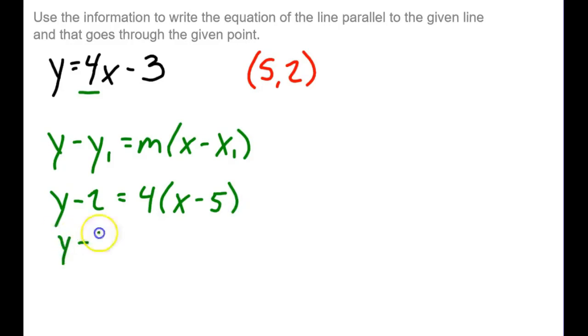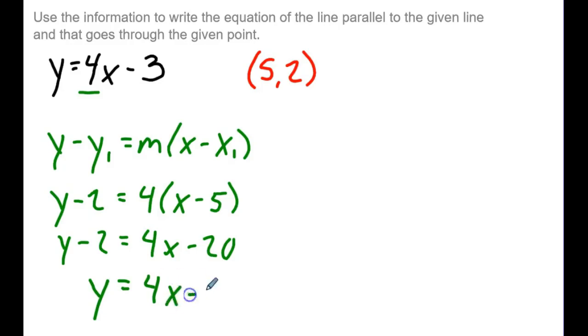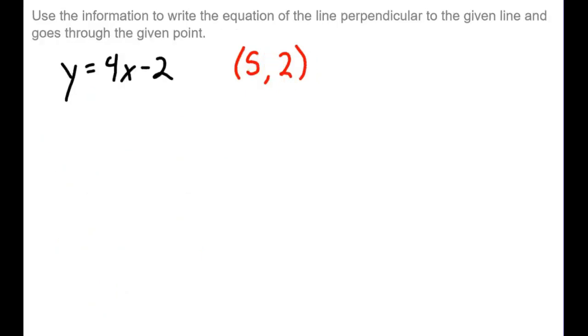So we have y minus 2 equal to 4x minus 20. The last step, we would add 2 to both sides of the equation, leaving us with y equals 4x minus 18. So this is an equation that is parallel to the given equation and is going to go through the point, the ordered pair, 5, 2.